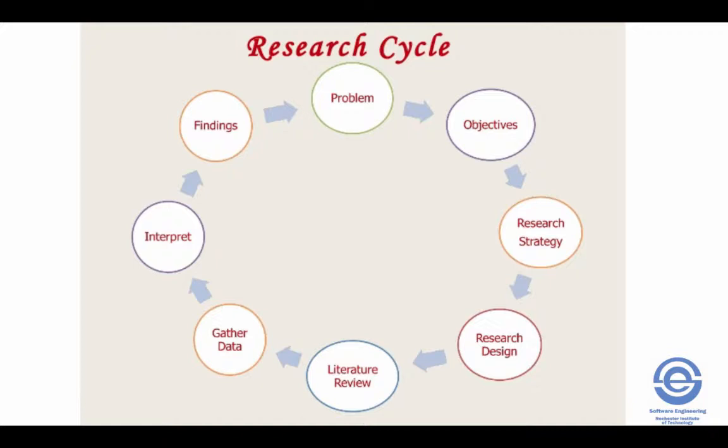Another way to look at the research cycle in an individual project could be you'd start with a specific problem. You define the objectives, you define the research strategy, you design the research, you conduct a literature review, you'd gather data, you'd interpret the data, you'd look to understand the findings from this interpretation, and then that would ultimately lead back into beginning the cycle again, and would lead back into the problem.